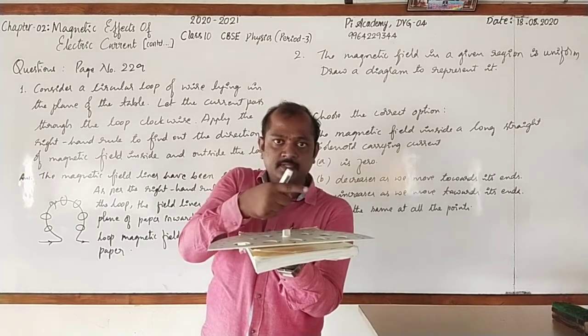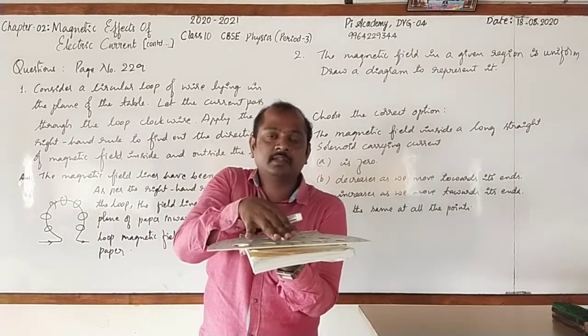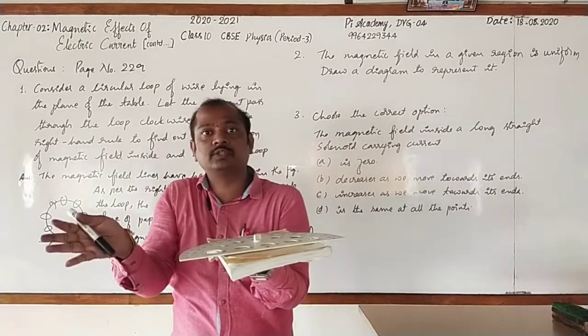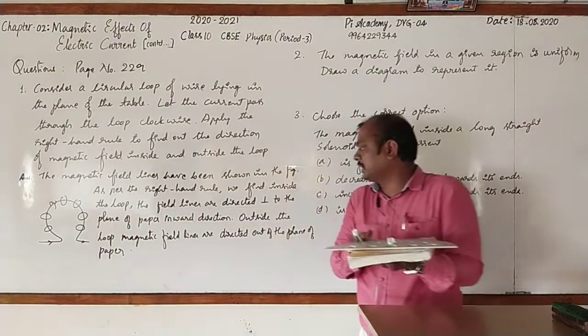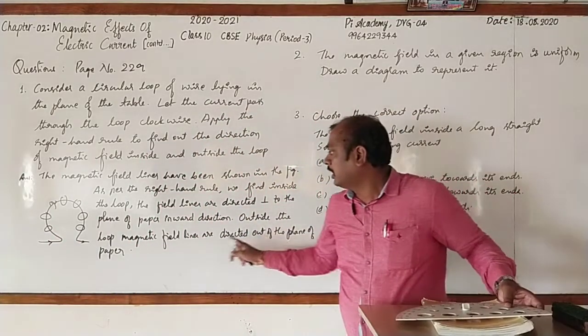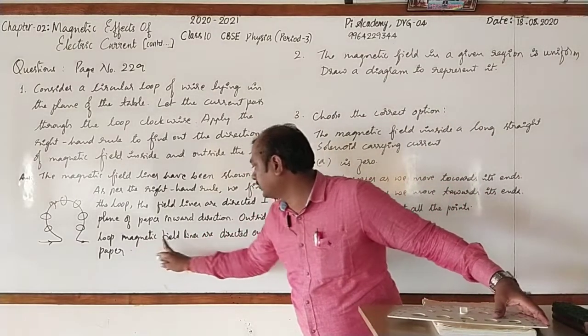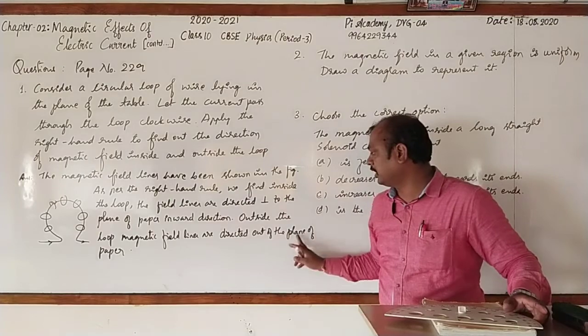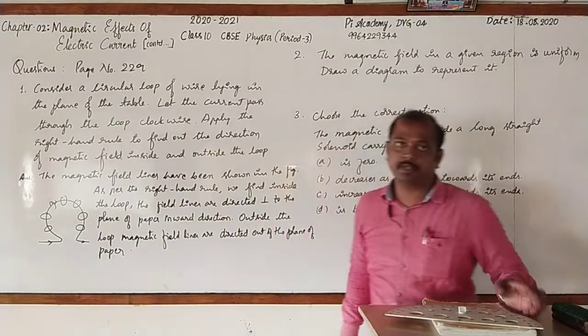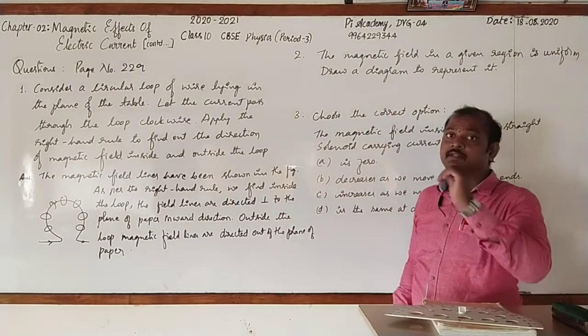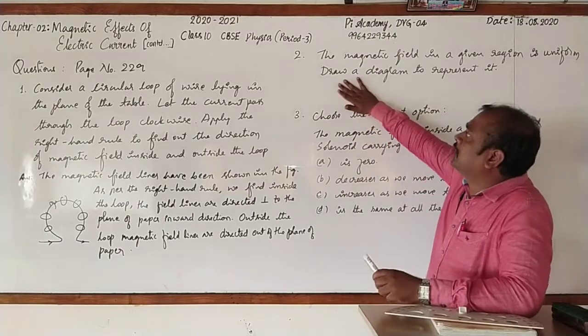Are they on the plane? No, they are out of the paper. Here the same thing has been written. Outside the loop, magnetic field lines are directed out of the plane of paper. Clear? Yes. Now observe it.